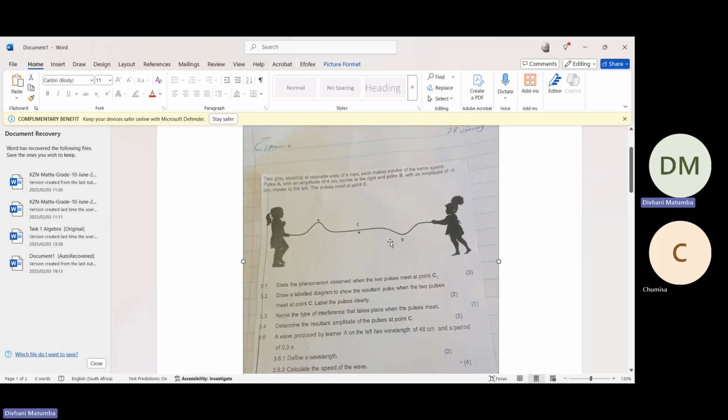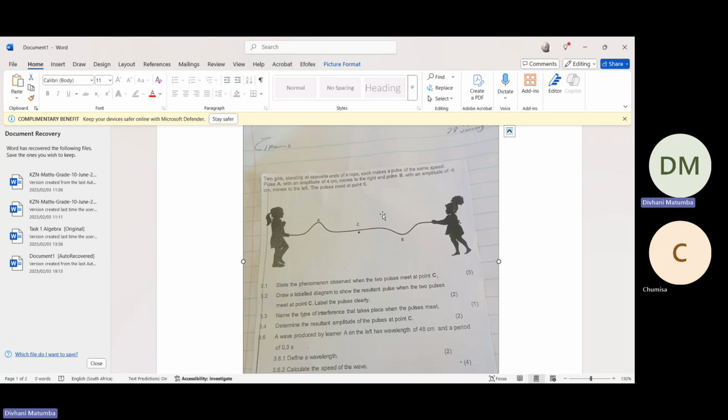The question says, two girls standing at opposite ends of the rope, each makes a pulse at the same speed. Pulse A with an amplitude of 4 centimeters moves to the right, and pulse B with an amplitude of minus 6 centimeters moves to the left.